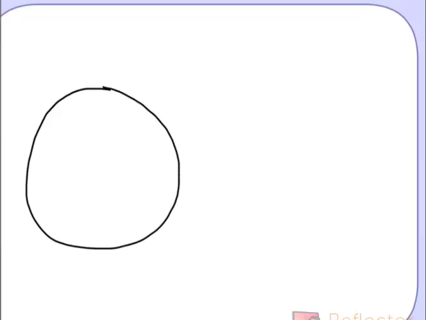Let's look at what this would look like. So normally what I do is I draw this big thing here, and this is going to be my population. Okay.